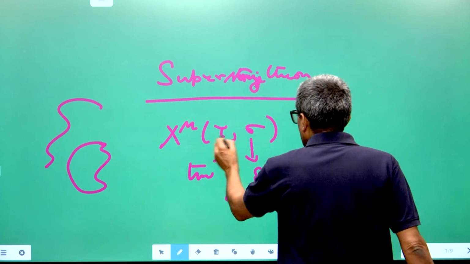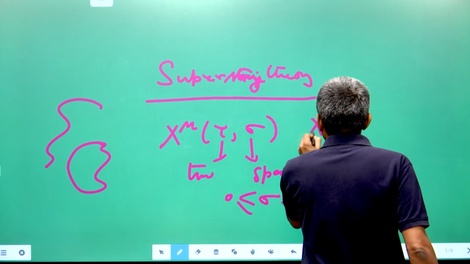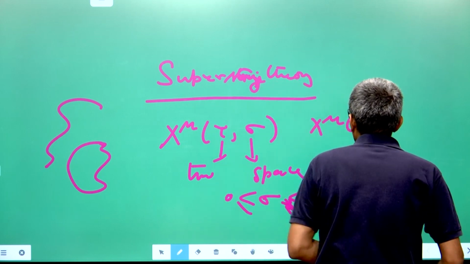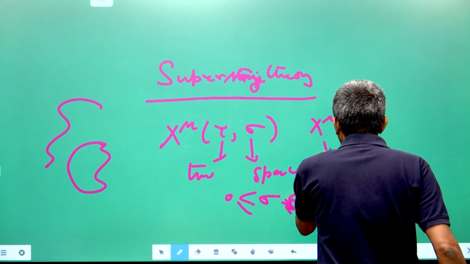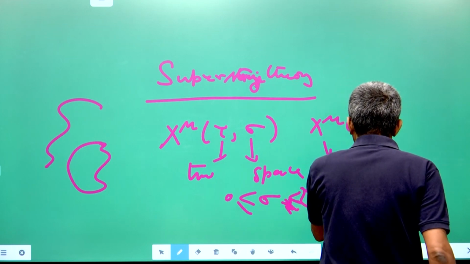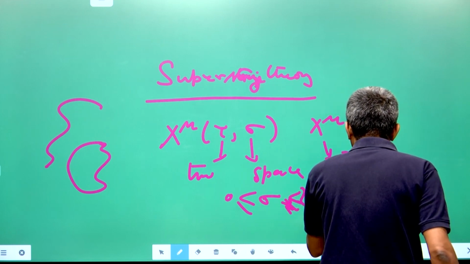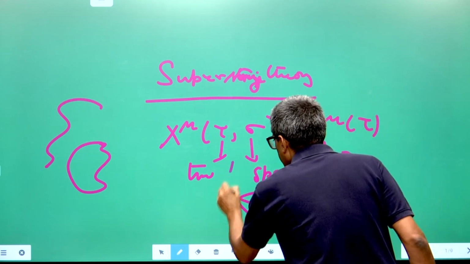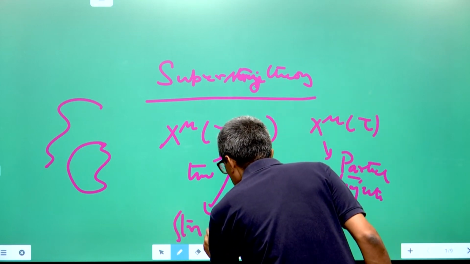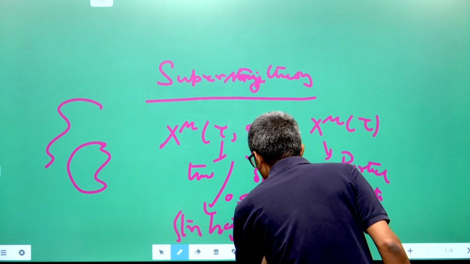So, this function of two variables replaces the notion of a point particle which moves along a world line. In particle field theory, you consider the particle trajectory; this is the string trajectory.